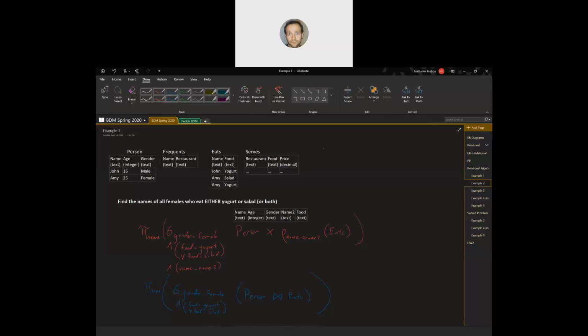After it says gender equals female, underneath it's a caret, and then food equals yogurt, and then what is that? A V, food equals salad. So this caret means and, and the V means or.